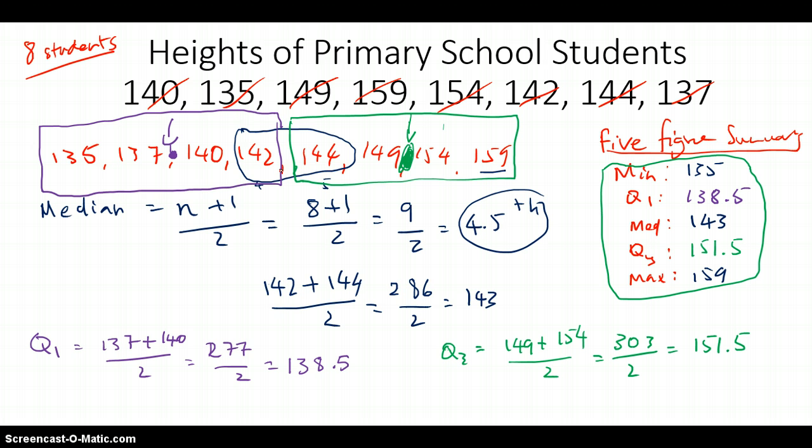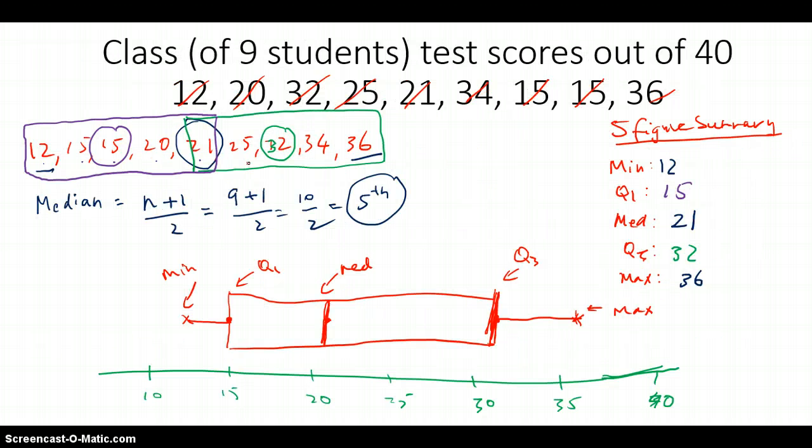If you have an even number of numbers, you need to find the average between the two middle numbers, by adding them and dividing by 2. If you have an odd number of numbers, you just need to find the middle. Then from there, you break the data up into a top and a bottom section, and find the medians of those two sections respectively. Then after you have your 5-number summary, plot them up on a graph.